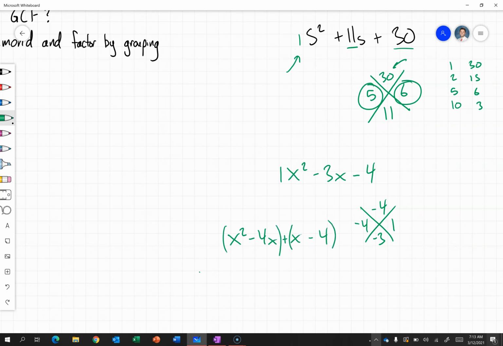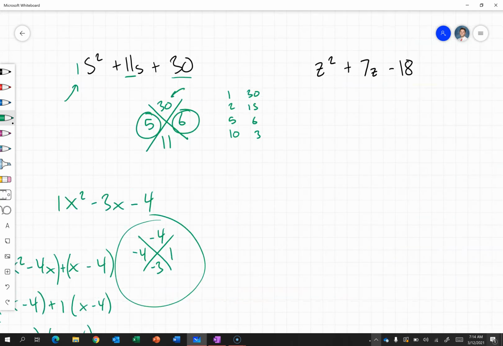You'll see we factor out an x, we get x times x minus 4, plus 1 times x minus 4. And that leaves us with x plus 1, x minus 4. Okay, so once again, we can always use this factoring by grouping from our diamond.